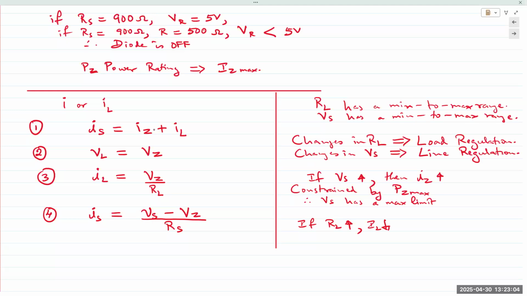Load resistance increases, voltage remains constant, V equals IR, right? And the other third quantity must increase or decrease depending on our application. So in this case, it would decrease. So if IL decreases, then IZ again must increase. So again, that's where PZ, the maximum power rating of the Zener diode, comes into the picture, as part of the design.